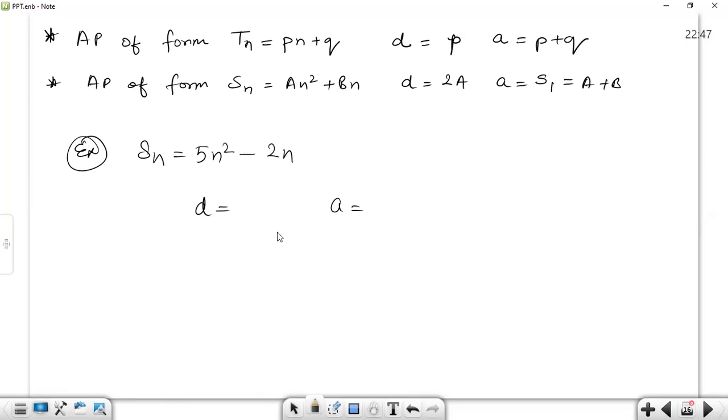A is equal to 23, sir. A is equal to 23. Sum of one term is equal to the first term itself. So 5 into 1, no, then it's 3. Sorry, sir. Yes, it is 3. Now the difference is twice the coefficient of n square, which is 10.